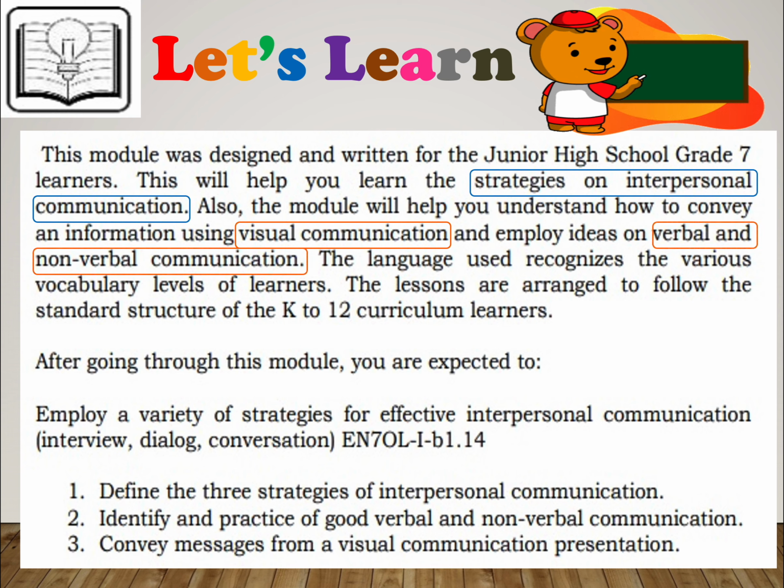After going through this module, you are expected to employ a variety of strategies for effective interpersonal communication, such as interview, dialogue, conversation, and the like. Define the three strategies of interpersonal communication. Identify and practice good verbal and nonverbal communication, and convey messages from a visual communication presentation.